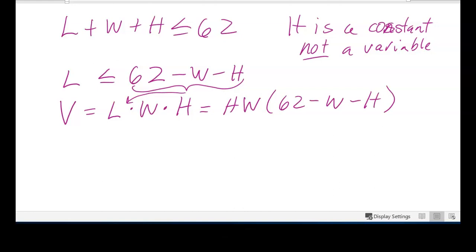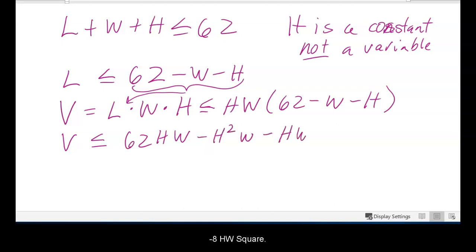Now, if we multiply these together, we should end up with, and again, this is going to be an inequality, the volume is less than or equal to 62HW minus H squared W minus HW squared. Again, notice only W is a variable, and V as well. The H is a constant.